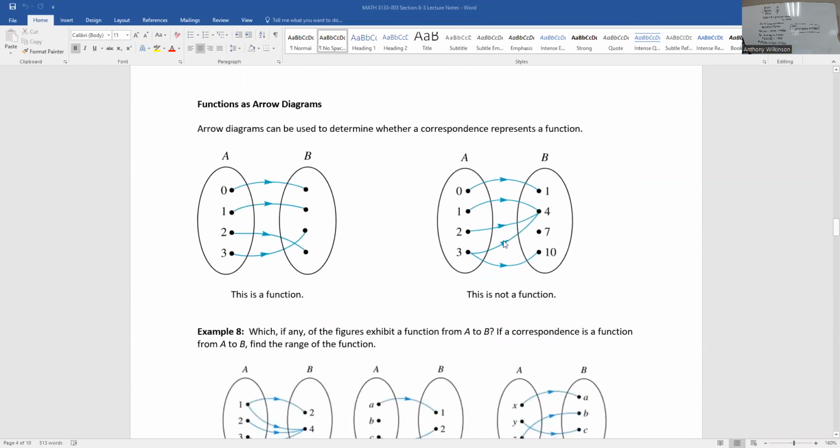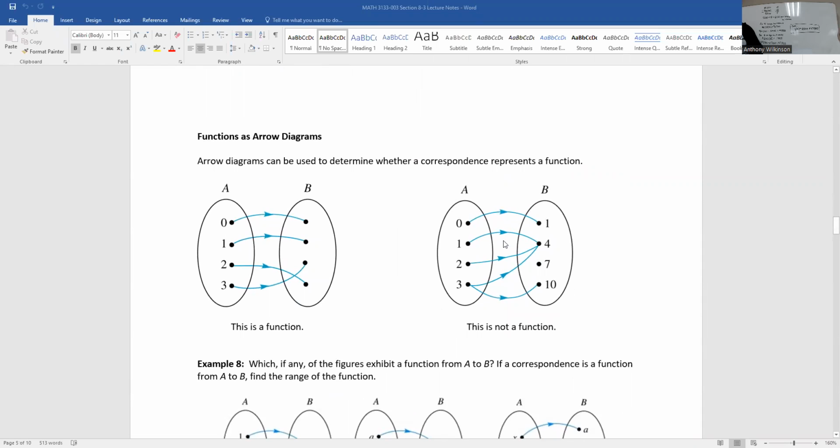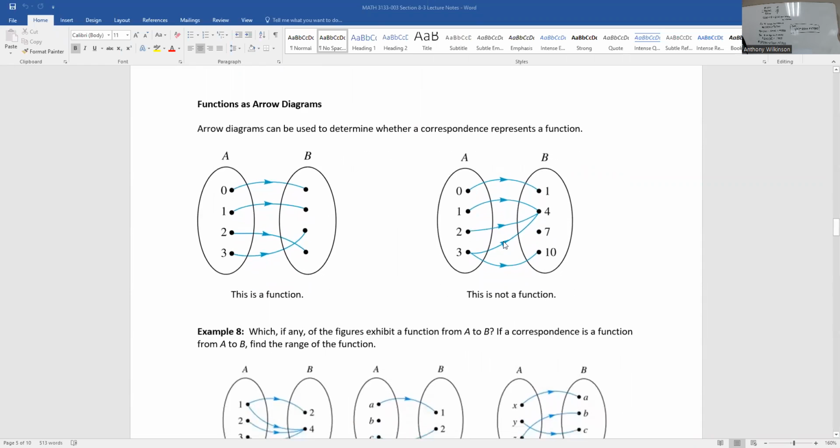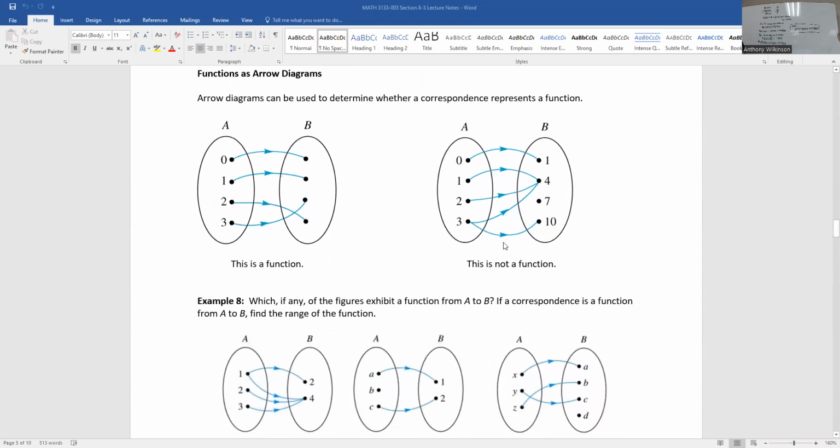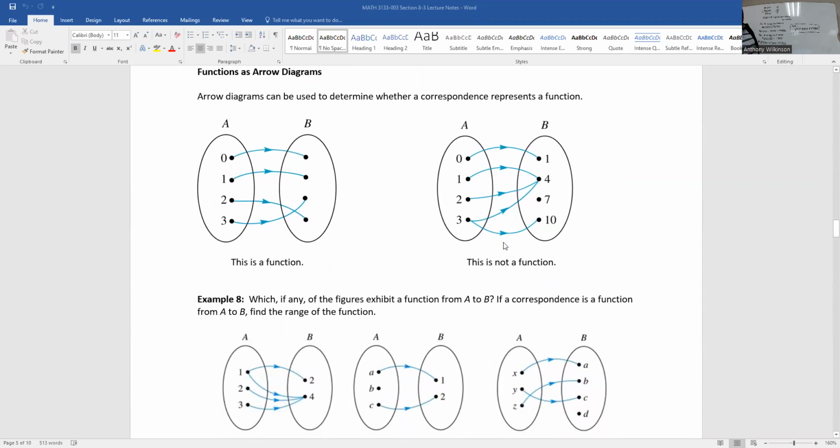Okay, the last thing we left off on Monday was functions as arrow diagrams. Because we spent some time determining whether equations were functions. In this case, we can look at arrow diagrams to determine whether or not we have a function.